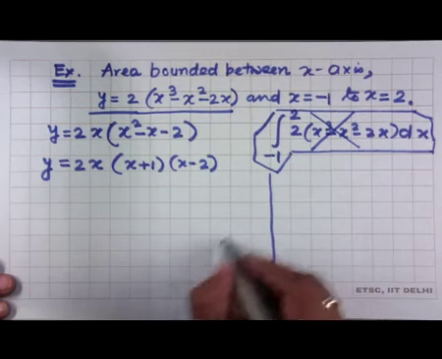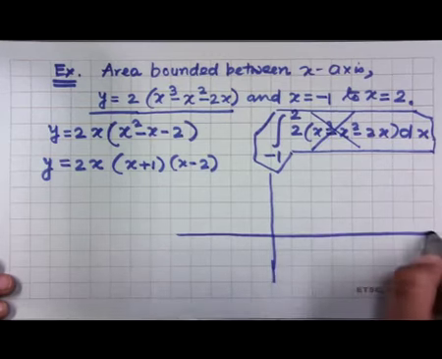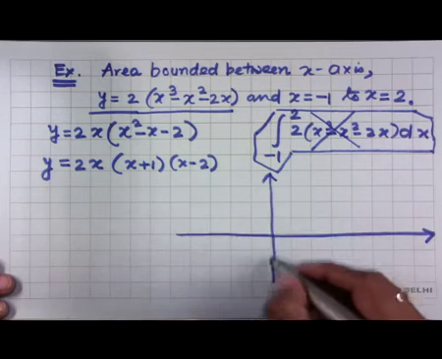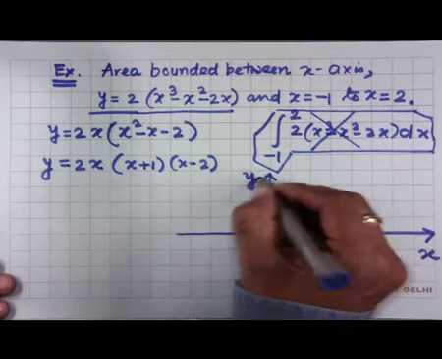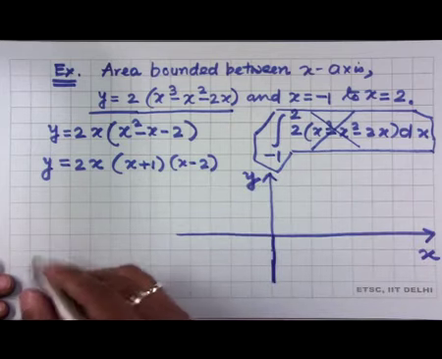So, let us try to plot it roughly, so that we have some idea where the area is above the x axis and where it is below the x axis.